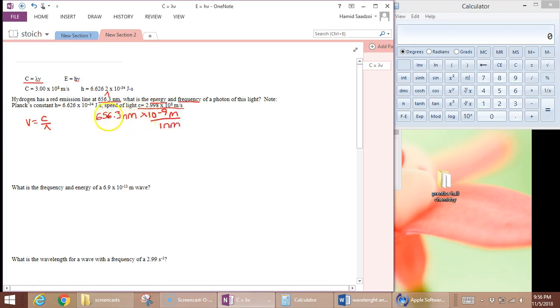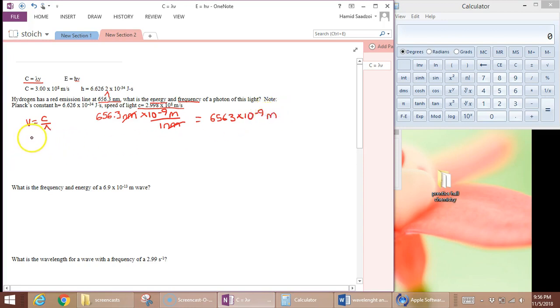Now, an easy way to do this is just realize that instead of this whole cancellation thing, which is what this is in a T-chart, just take your number, whatever they give you in nanometers, multiply by 10 to the negative 9, change the nanometer to meter symbol, and you're good to go. So 656.3 times 10 to the negative 9 meters.